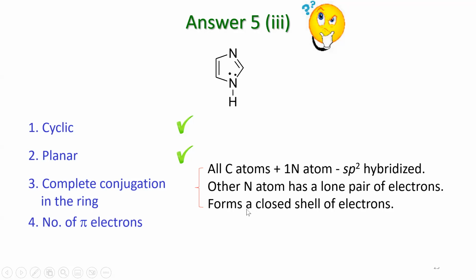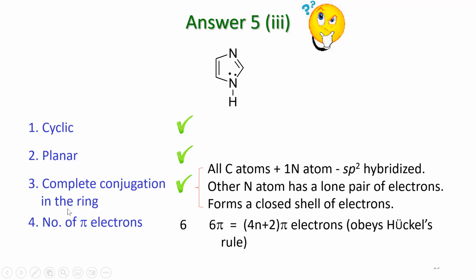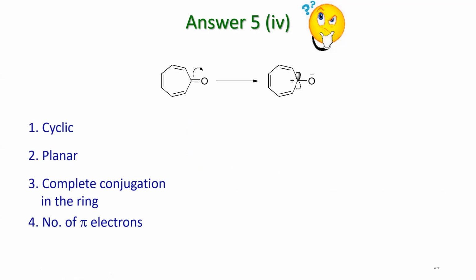So again, it can form a closed shell of electrons. Can you see 2 pi electrons, 2 pi electrons, and the lone pair of electrons on nitrogen, forming a circle of pi electrons? And the number of pi electrons: 2 here, 2 here, and 2 here, altogether 6. And it is the Huckel number, so it is again aromatic. Right. Next one.